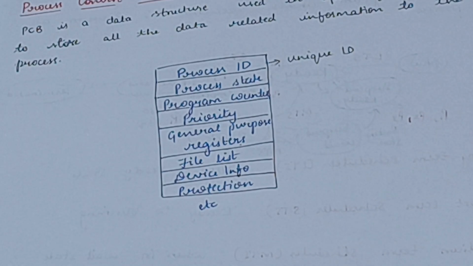Then comes process state. We have seen various states of a process, like new state, ready state, running state, waiting or block state, and terminated state.